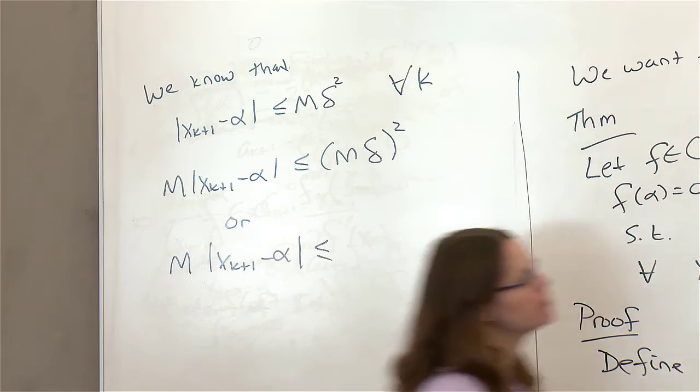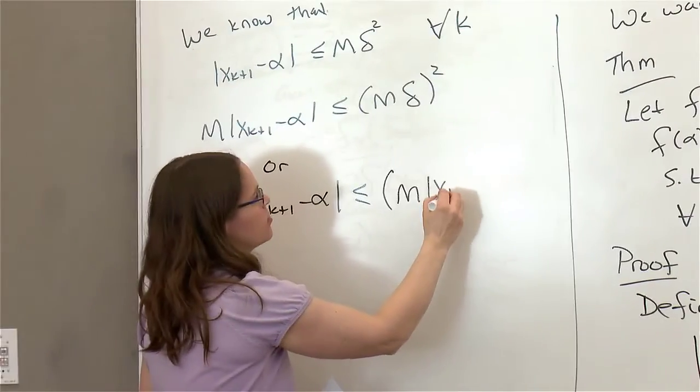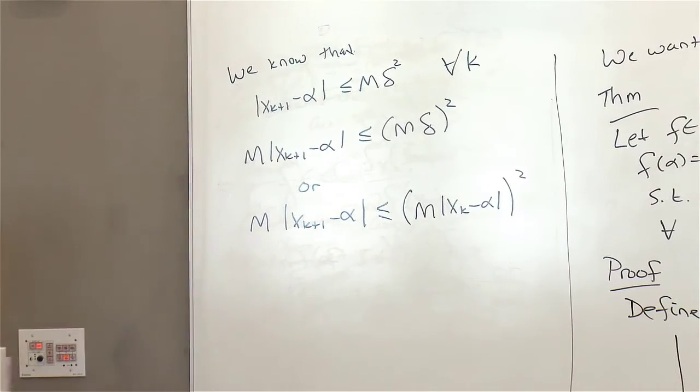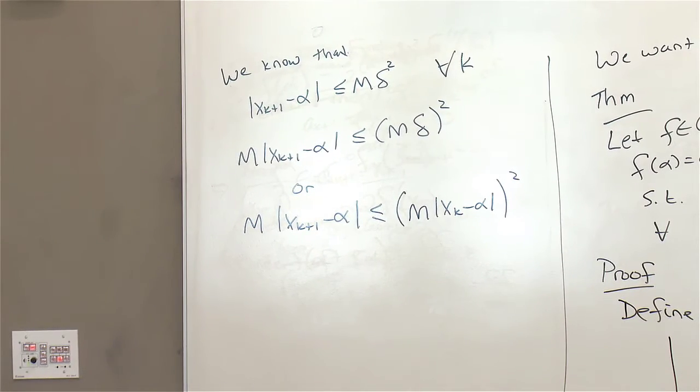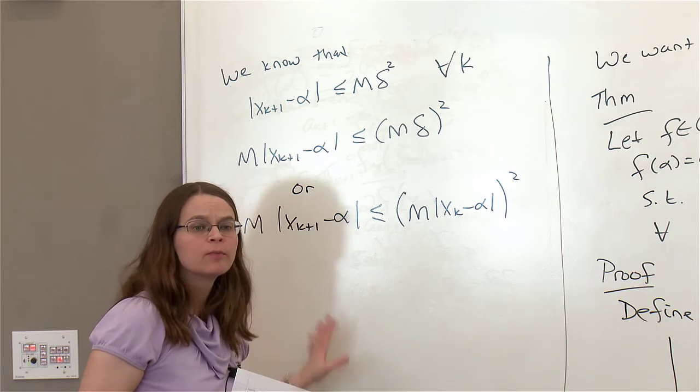I can loosen this up a little bit. I don't have to put a delta here. I could use my old guess here. It's less than m xk minus alpha, all squared. And now I can keep going with this estimate.